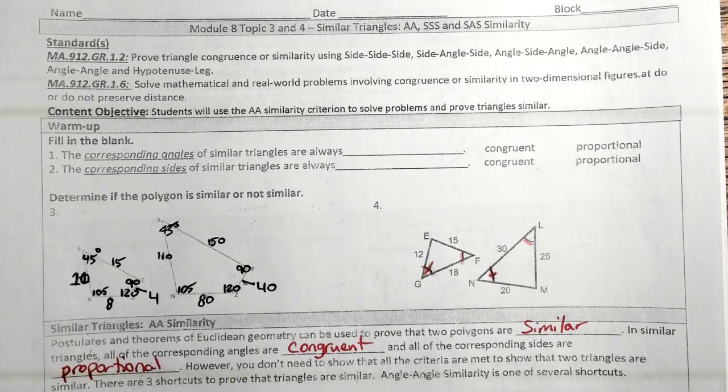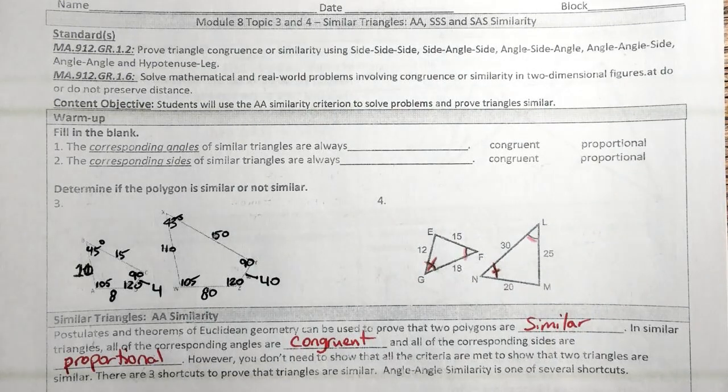Now when we dilate, the triangle gets bigger, the angles stay the same, the sides get bigger. That's what makes them similar, you can dilate, you can do things to put them onto themselves.